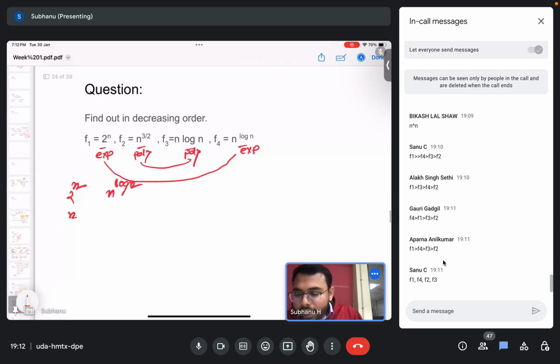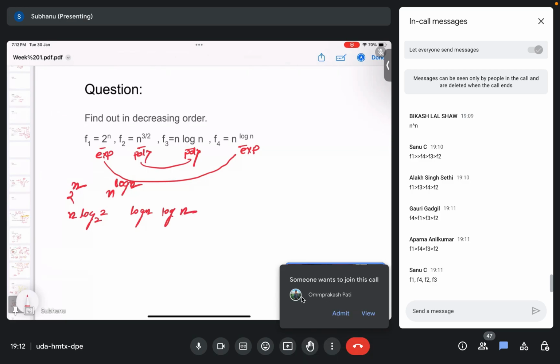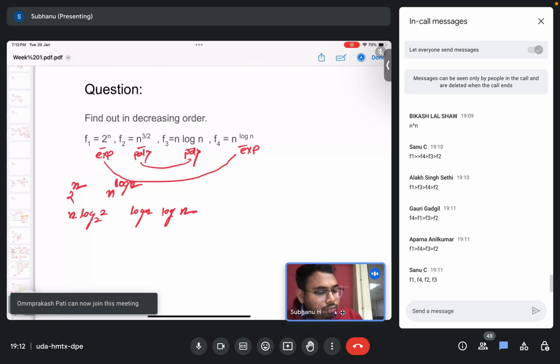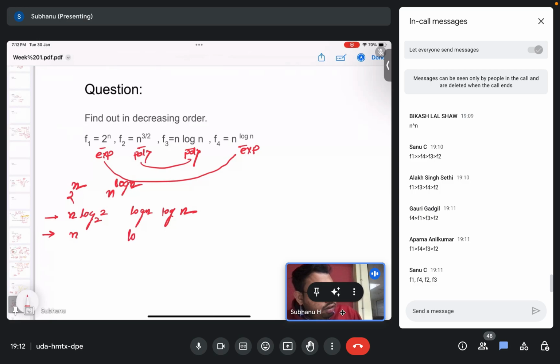I will get n log 2 base 2, and log n log n. This will become n versus log n log n, so I can see that this is greater.